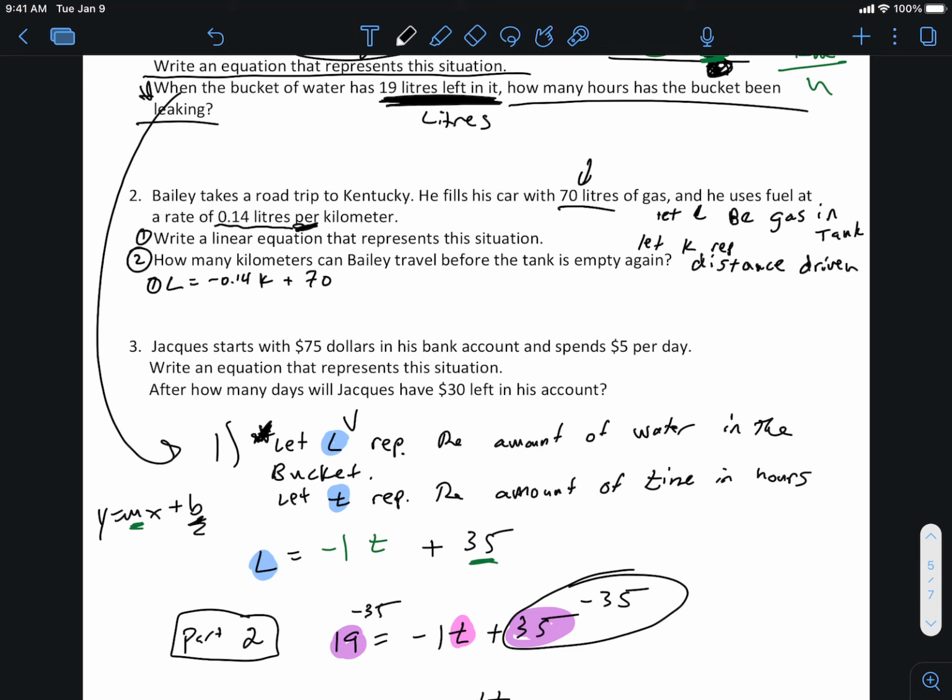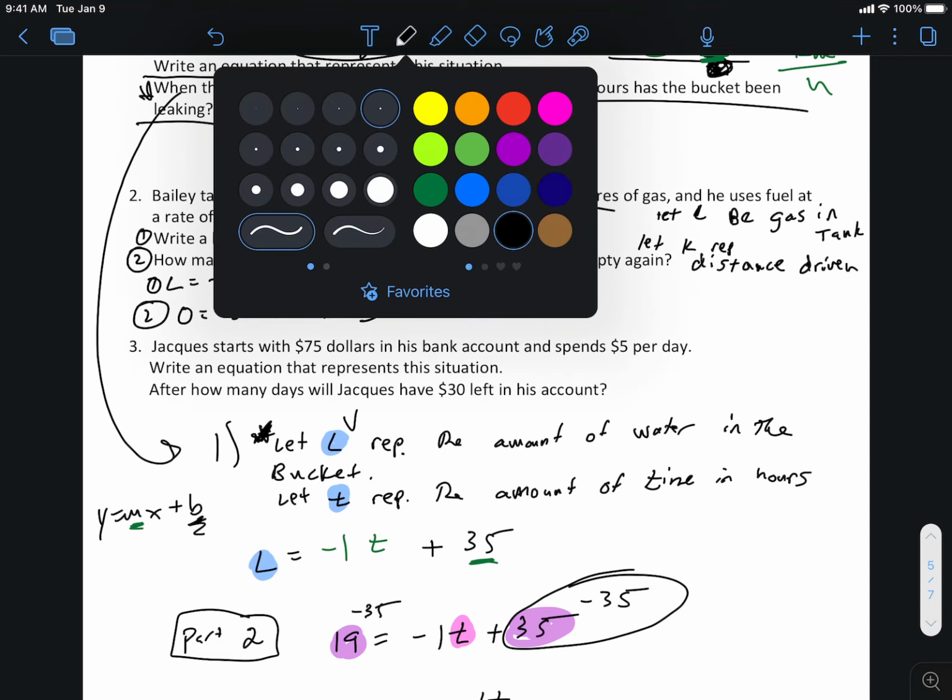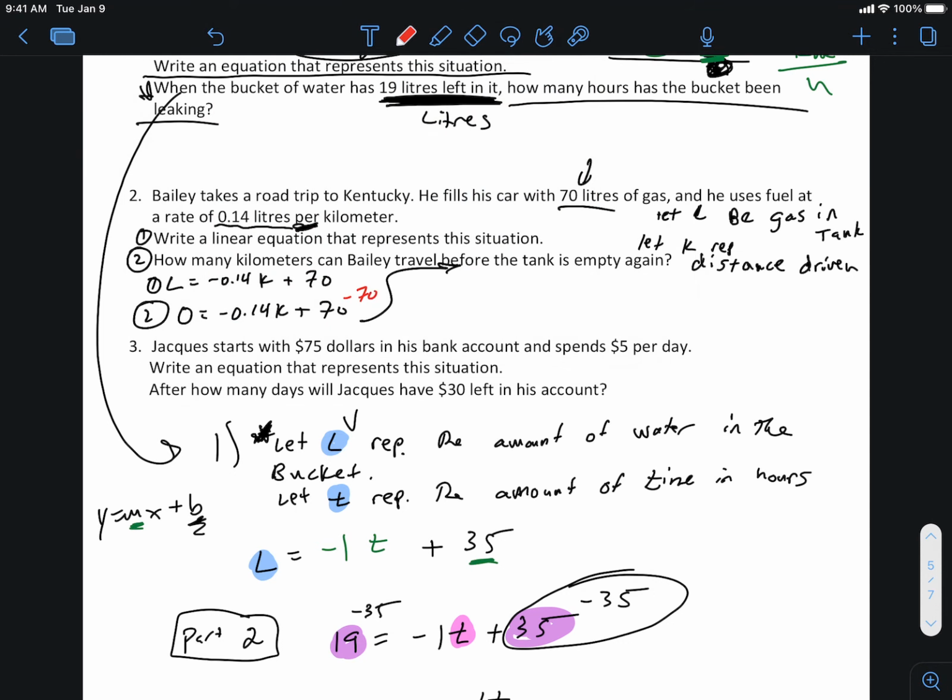Step 2 is how many kilometers can Bailey travel before the tank is empty again? Well, if the tank is empty, that means there's no gasoline in it. So you're going to say 0 equals negative 0.14 K plus 70. I'm going to create a zero pair here. What I do to one side, I got to do to the other.